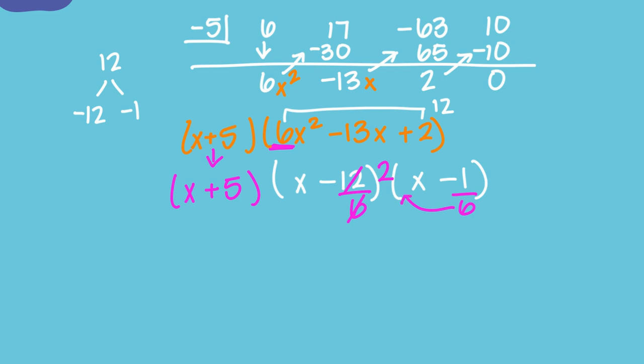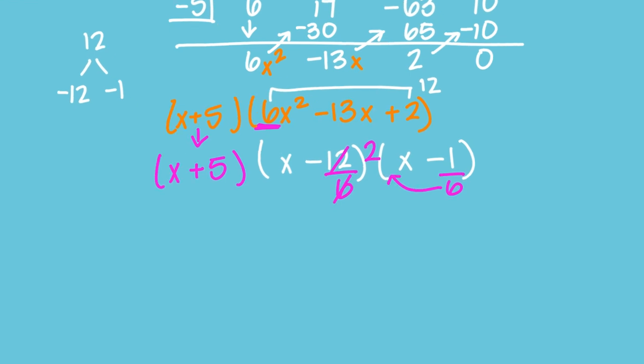But this one does not, so I have to slide my 6. Okay, what would my answer be? I'm going to end up with f of x. Let me get a darker green so we could see it. F of x equals x plus 5, x minus 2, and 6x minus 1.